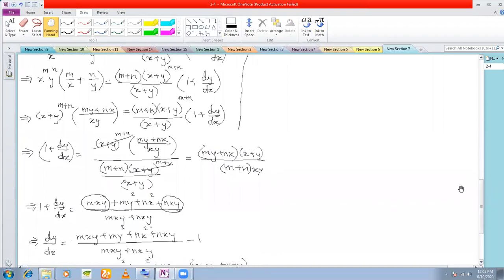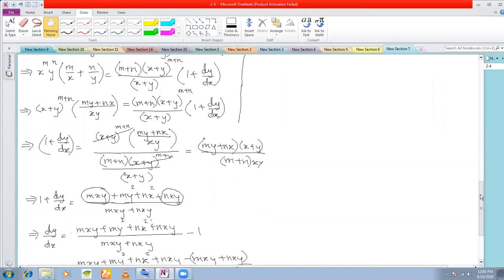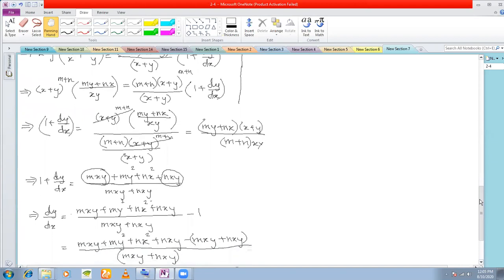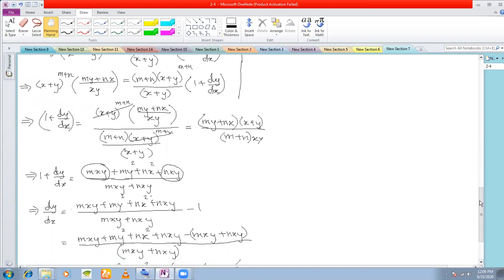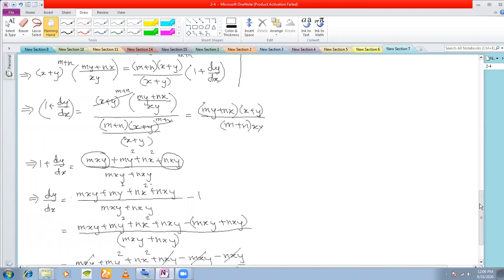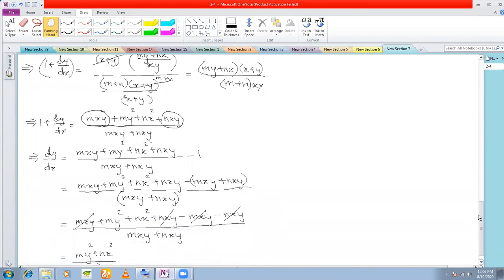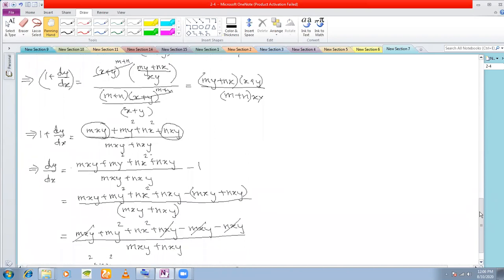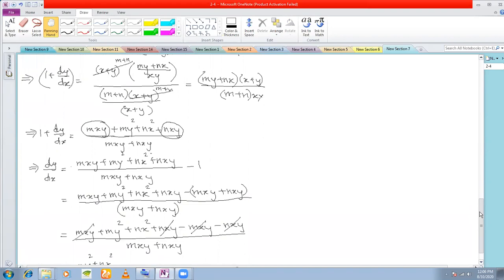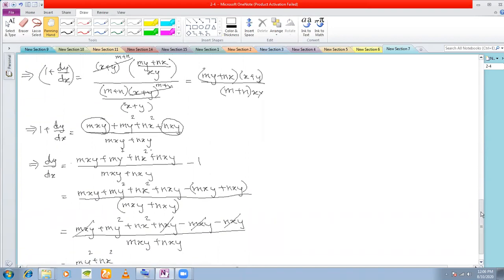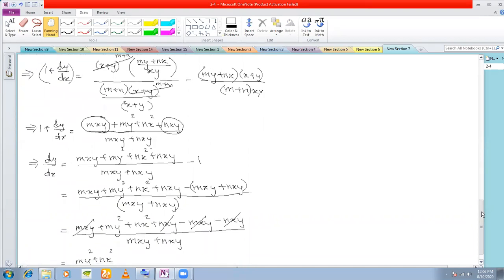These two cancel. This is okay. Y. So you get my plus nx into x plus y, m plus nxy. I multiply, I get mxy plus my square plus nx square plus nxy by m plus nxy.